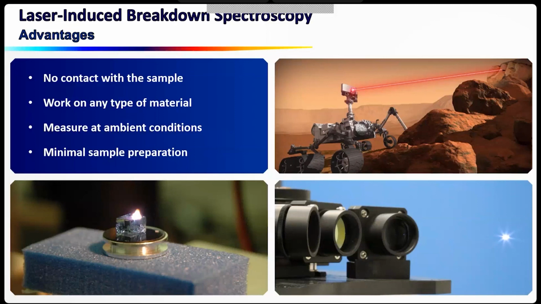You remove the dust in the first shots, and then you continue to dig inside your rocks. That was a very strong advantage for the Martian exploration mission. In general, the NASA team does 5 shots to remove the dust and then 25 shots to go deep inside the sample.